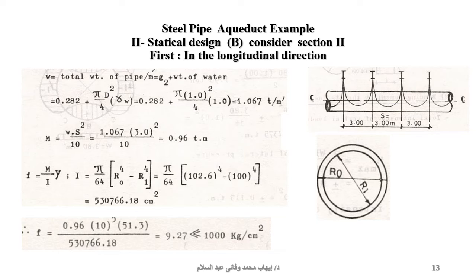We arrive at moment equal 0.96 ton meter run. F equal M multiply Y over I. We arrive at F equal 9.27, less than 1,000 kilogram over square centimeter. That's safe.